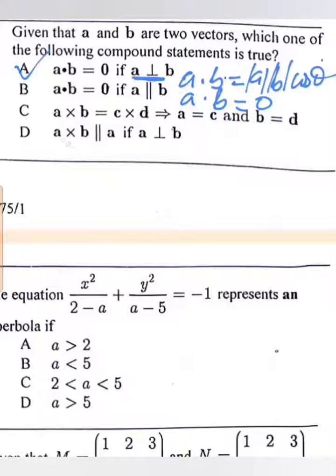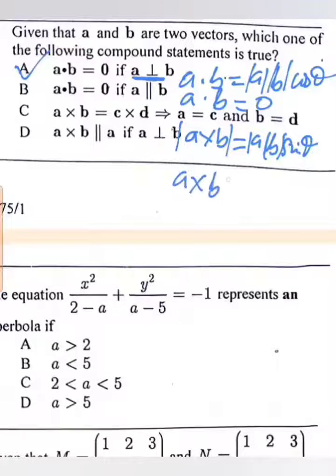Now in the D part, A cross B is parallel to A if A is perpendicular to B. In the case of A cross B, the magnitude should be equal to A magnitude B magnitude sine theta, and if A is perpendicular to B, it means that the angle between them again will be 90 degrees, and sine 90 is 1, so that A cross B magnitude would just be equal to the product of A magnitude and B magnitude. And this statement does not give us any clue about A cross B being parallel to A, so this other statement too is not correct.